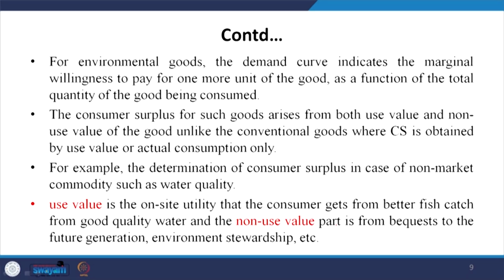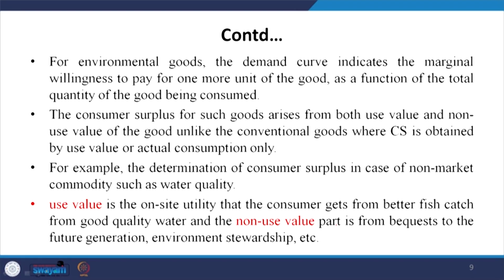For example, the determination of consumer surplus in the case of a non-market commodity such as water quality. Here we can have use value as well as non-use value of water quality.